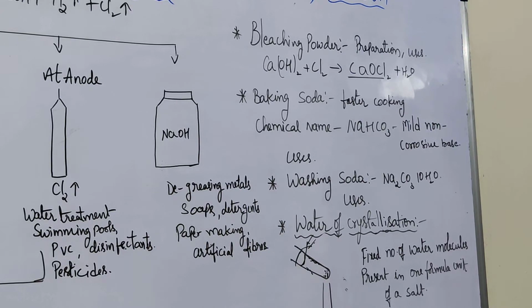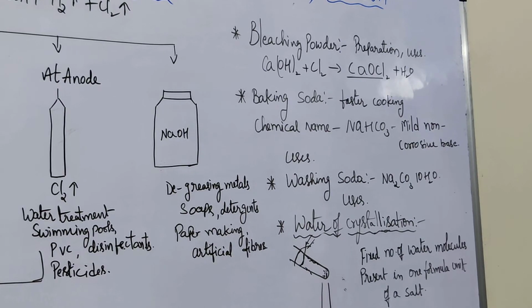Now coming to baking soda. What is the chemical name of baking soda? The compound sodium hydrogen carbonate, NaHCO3, is known as baking soda, and it is a mild non-corrosive base. The preparation is given in the textbook, just once you see.